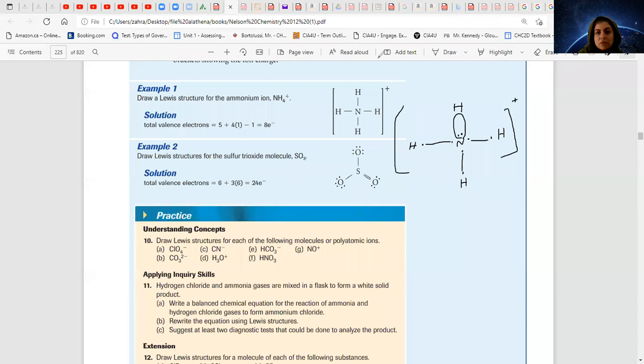Okay, so let's just erase that. Now let's just do SO3. So S is central. 1, 2, 3, 4, 5, 6. And then we have 3 oxygens. 1, 2, 3, 4, 5, 6.